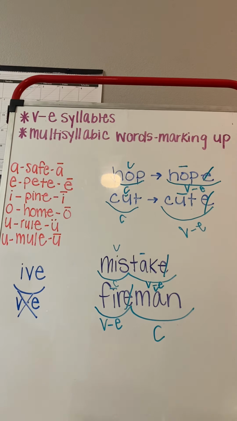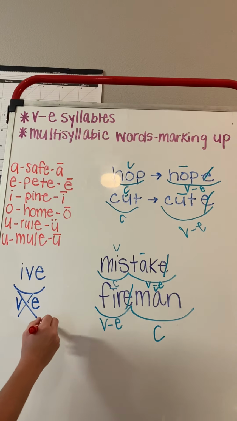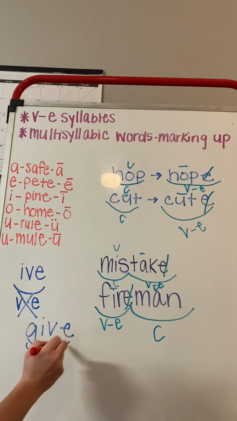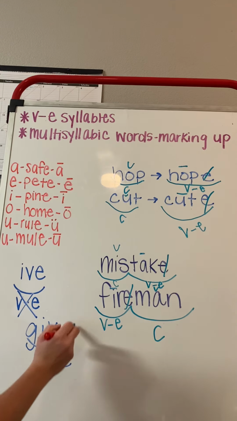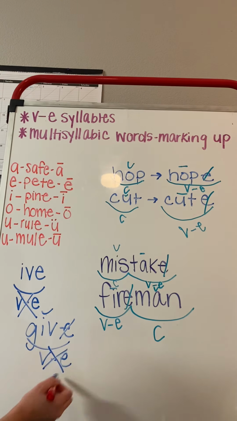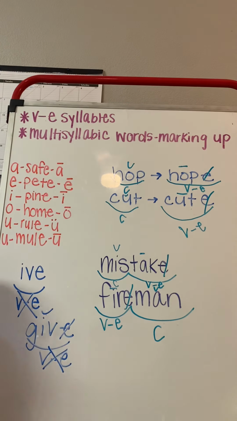So for example, if we were talking about the word give, right, you might say, oh my goodness, okay, I see IVE, that must be a vowel consonant E, and this must be, right? But that doesn't make sense. It's not G-I-V, it's give. Okay, so we still have a short vowel, which is what makes that an exception, because vowel consonant E uses a long vowel, those vowels that say their names.